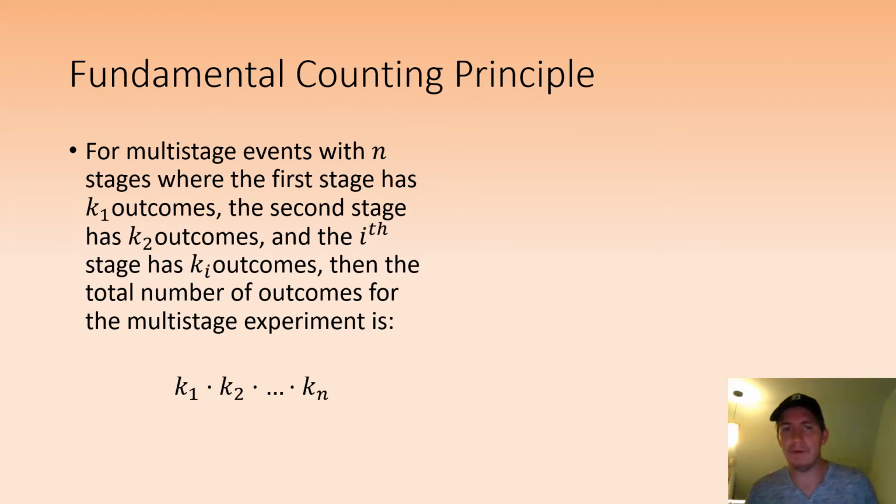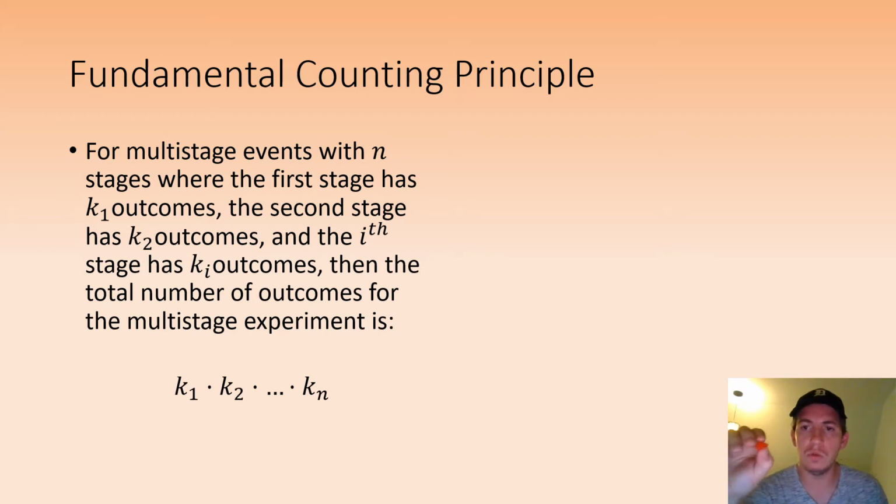So, if I took the multi-stage experiment, each of these stages, rolling a die, has some number of outcomes. So K1 would be the number of outcomes for the first stage, K2 would be the number of outcomes for the second stage, and so on and so forth. In this particular example, K1 would be 4, because my four-sided die has 4 different outcomes.